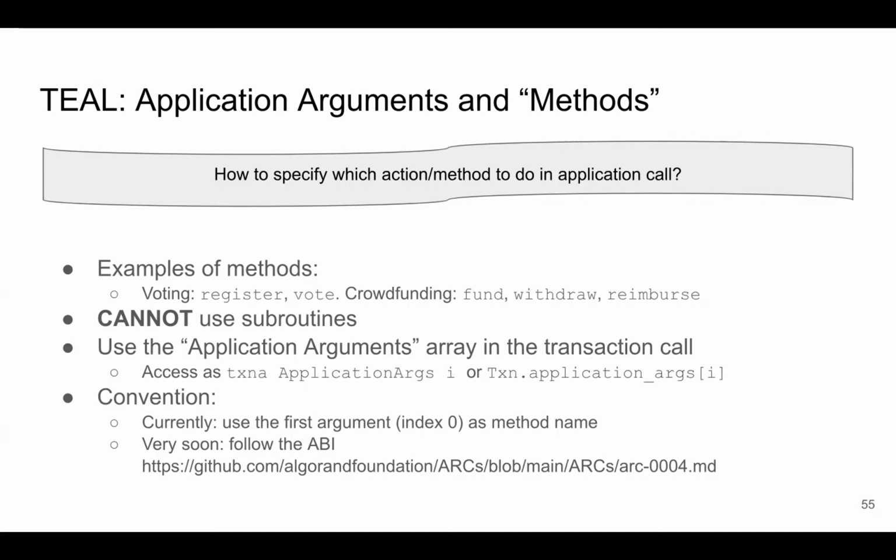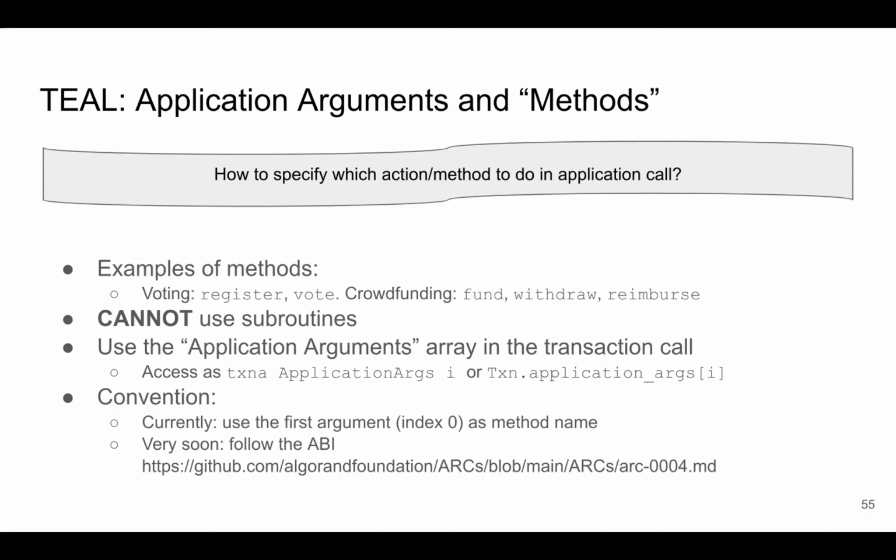And usually you need a convention here. It's not like you can do whatever you want, but in life you need conventions so that it's not a mess. And currently the convention is to say the first argument is a method name. So the first argument in your application call transaction would be the name, for example, funding or withdrawing or reimbursing.